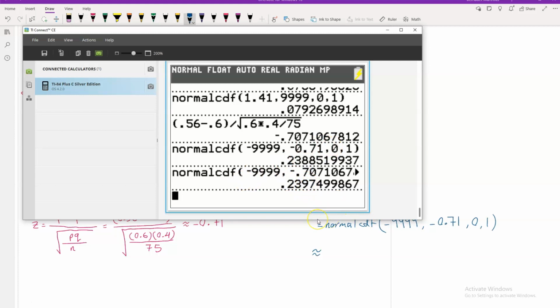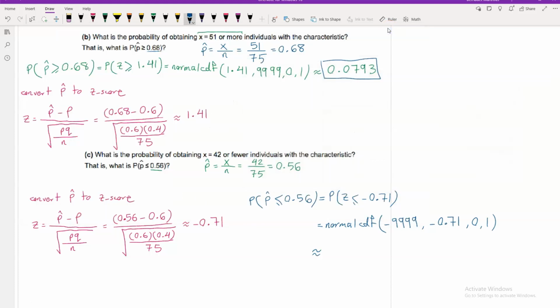So here I'm writing based on the z negative 0.71. The answer is 0.2389. But without rounding, this is our answer. So without rounding z, that is our answer, which is correct. But here I'm writing this one.